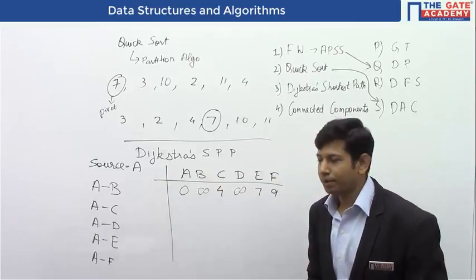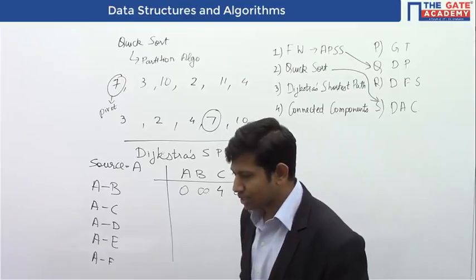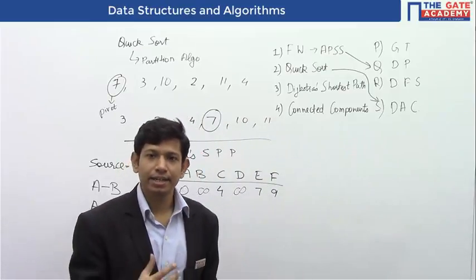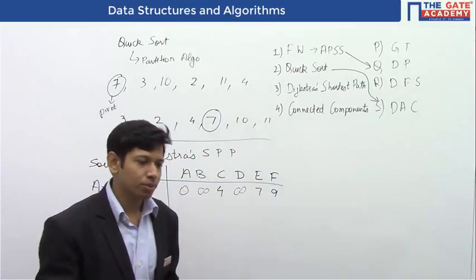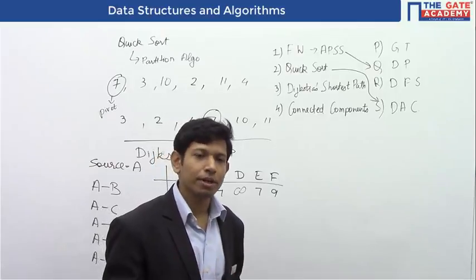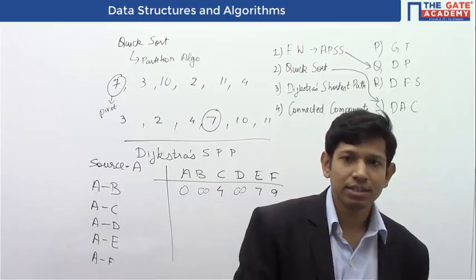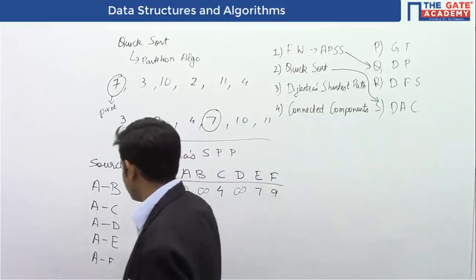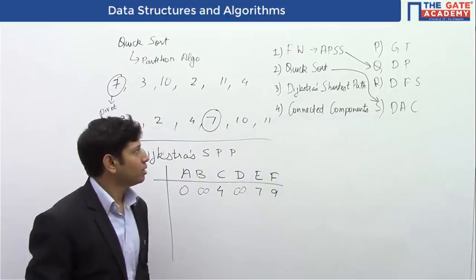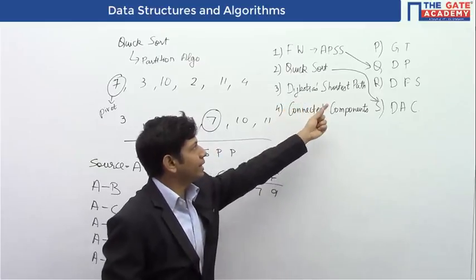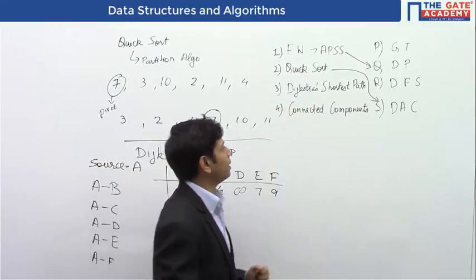The shortest path would be obtained using this table. So this is how we use the greedy technique. In the greedy technique, we always compute the local optimum, local minimum or local maximum, and in the end we get the overall answer, and this is how we get the single source shortest path. So this forms the greedy technique, that is option P.